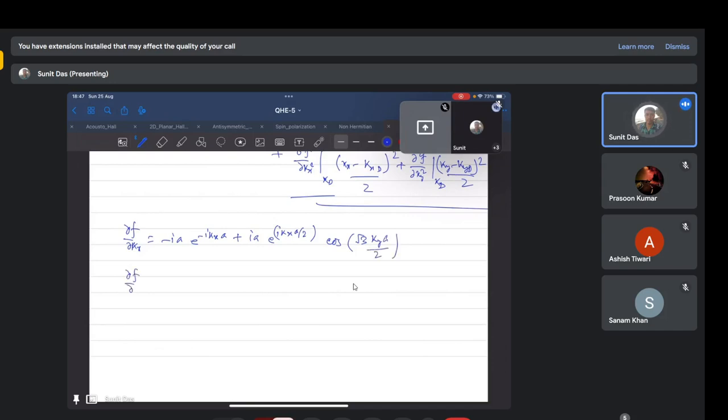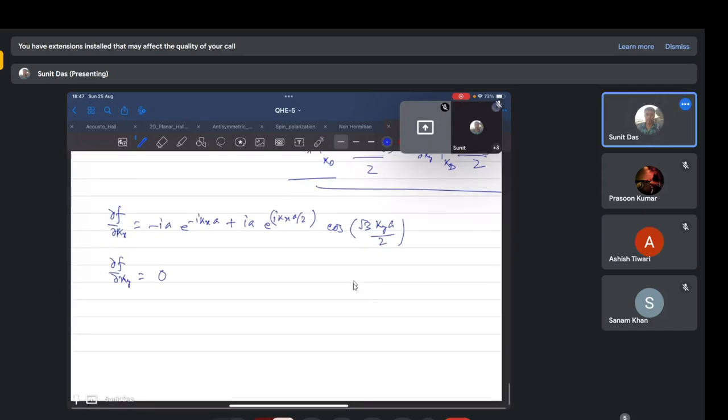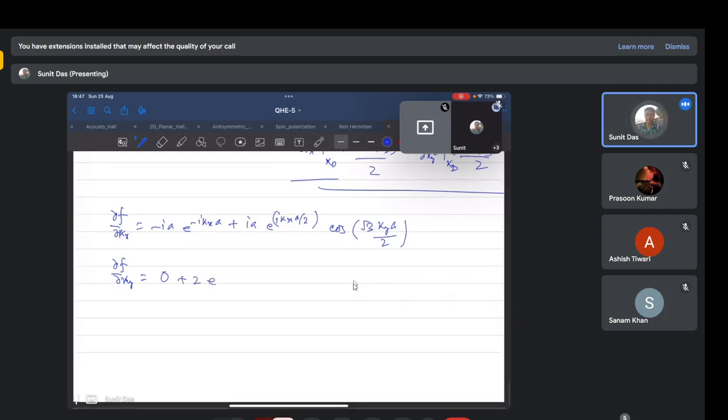Similarly, del f del ky will be, this part will be 0, and this will be 2 e to the power i kx a by 2, and root 3a by 2 times the derivative of cos, negative sine root 3 ky a by 2.